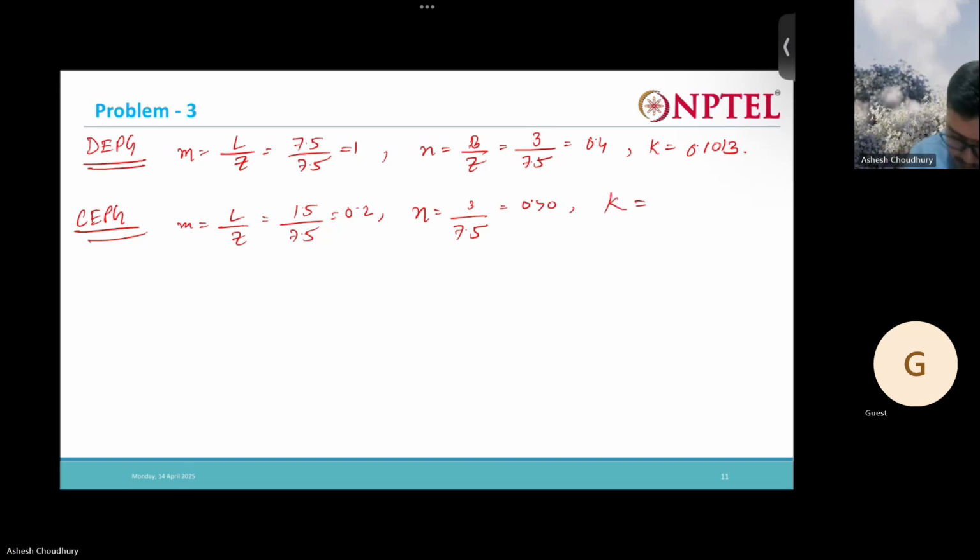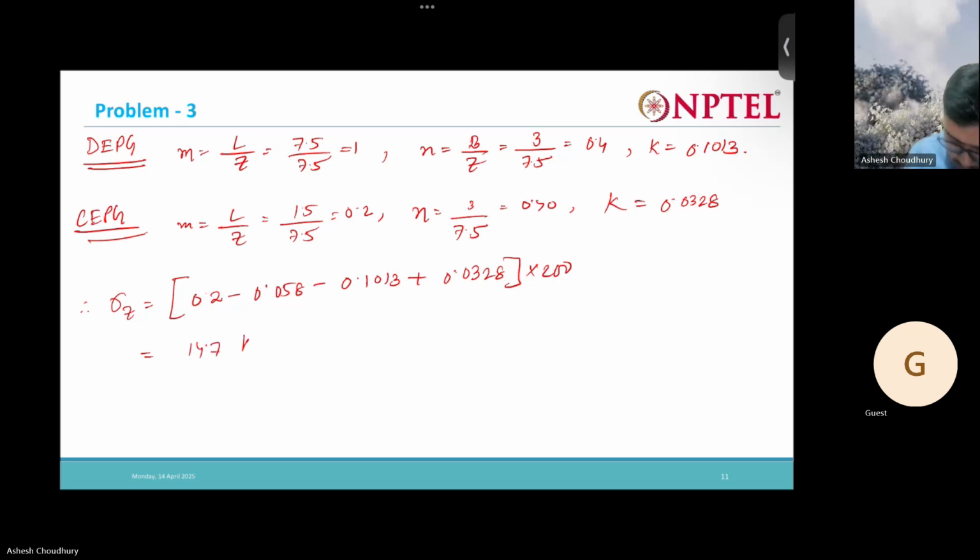What my sigma Z is 100 equal to. All right. So this is how we have to do it.